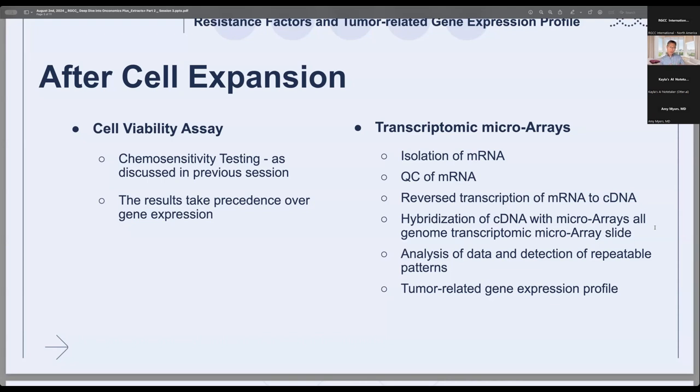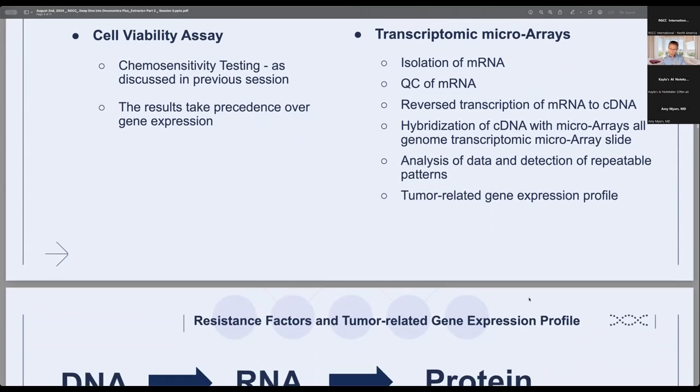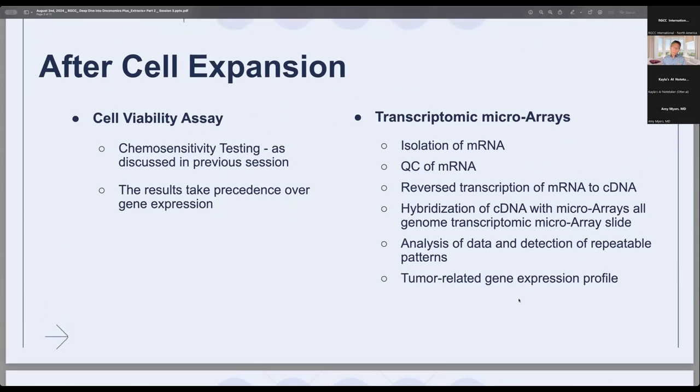They analyze the data to see if it is repeatable. And so it is also done with a qPCR for confirmation. So it is a very good gene profile. And the gene expression profile gives you two major pieces of information. One is what could be a druggable target. The second is what gene or groups of genes are driving the disease, potentially most influential.